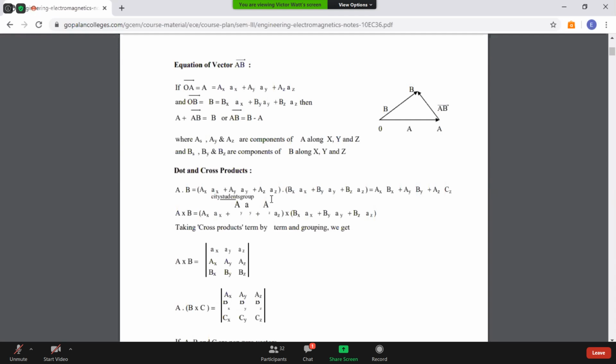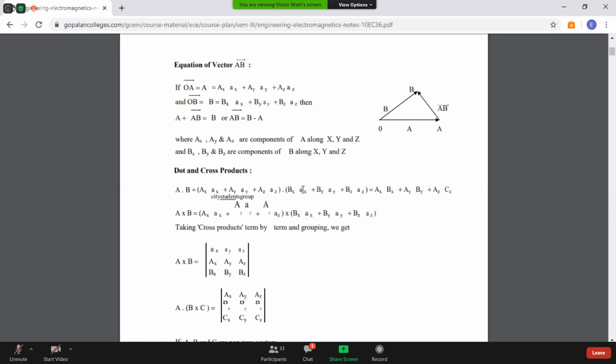So unit vector AX is at right angle to AY and AZ. Unit vector AY is at right angle to AX and AZ. And unit vector AZ is at right angle to AY and AX. All right. Similar for vector B: BX, BY, and BZ.